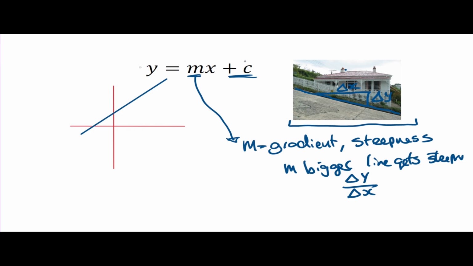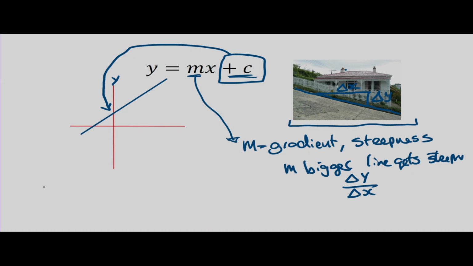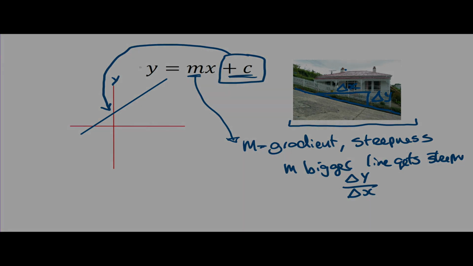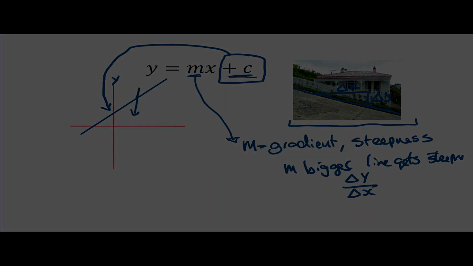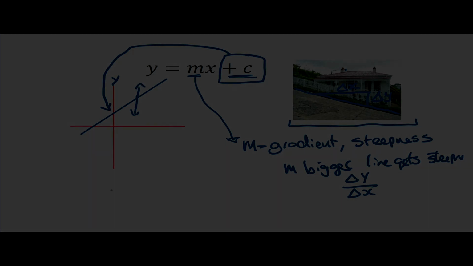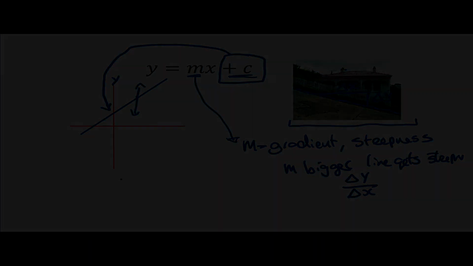The c bit here is the y-intercept. That is, where does the line cross the y-axis? So notice that as c goes up or down, this graph will move up or down, just like it did in GeoGebra.